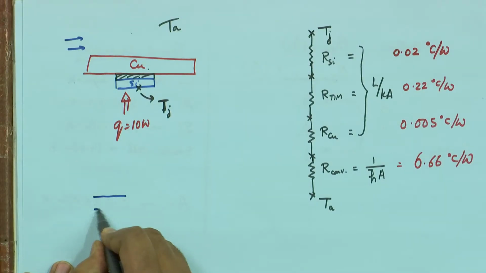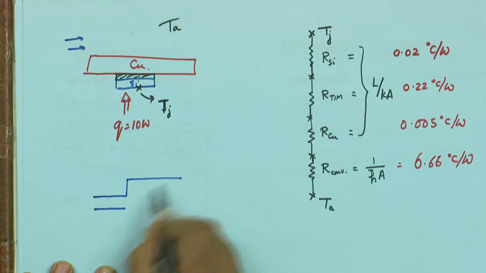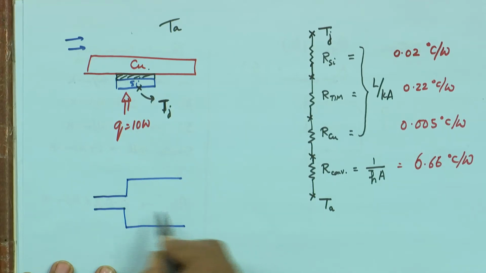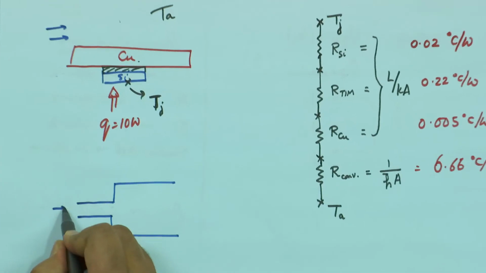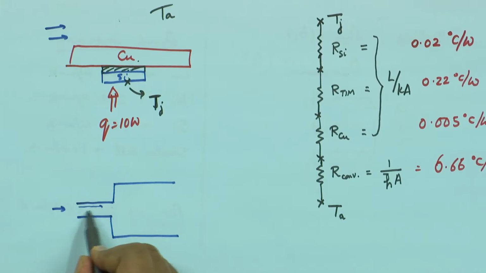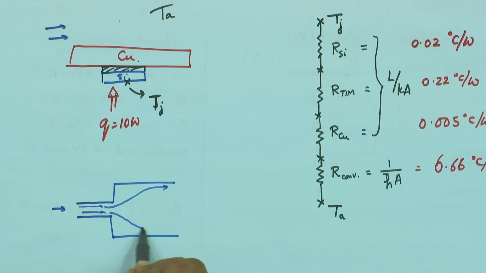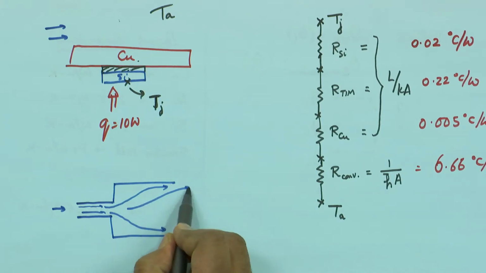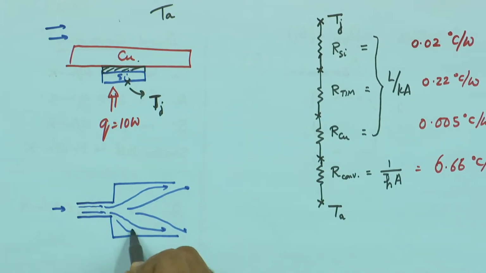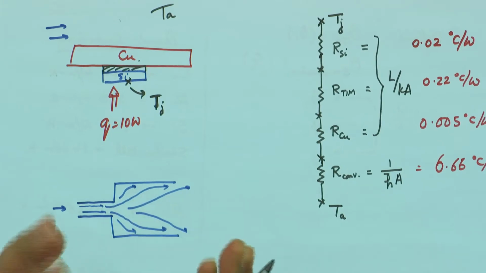Especially people who have studied fluid mechanics know what happens. The water flows like this, and then it actually goes like this. So, the water has to fan out, it has to spread.